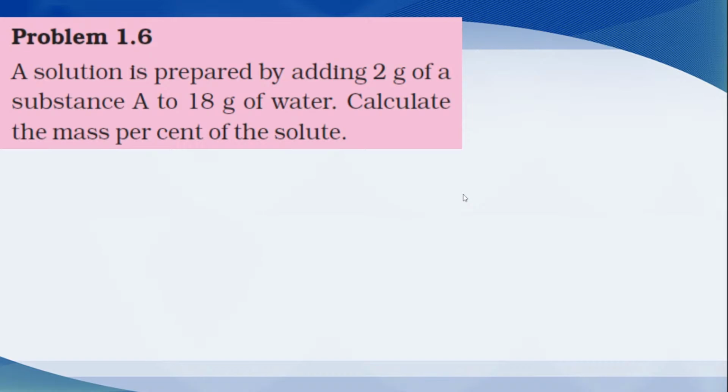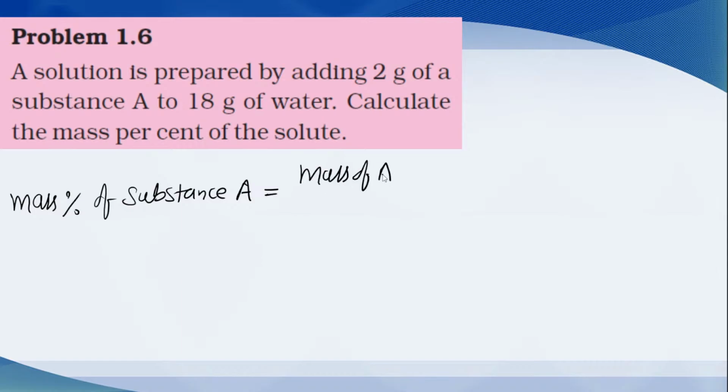Very simple question. A solution is prepared by adding 2 gram of a substance A to 18 gram of water. Calculate the mass percent of the solute, substance A, because substance A is the solute. That is equal to mass of A divided by mass of solution into 100.